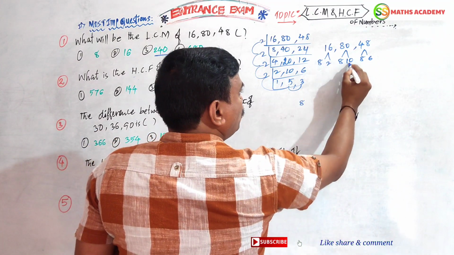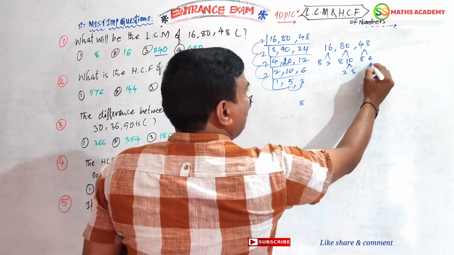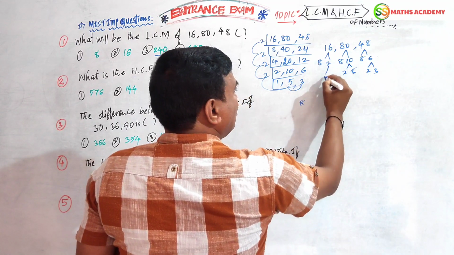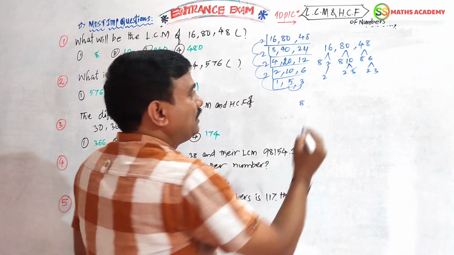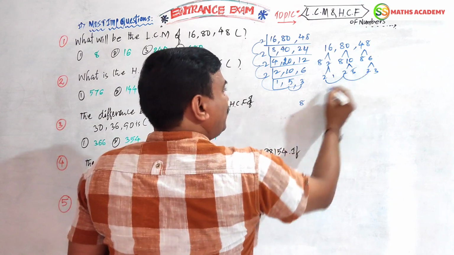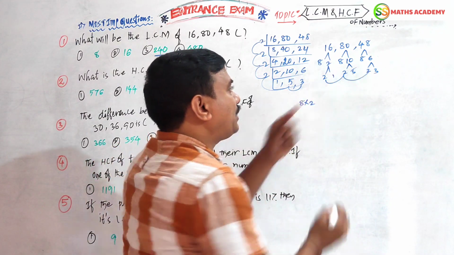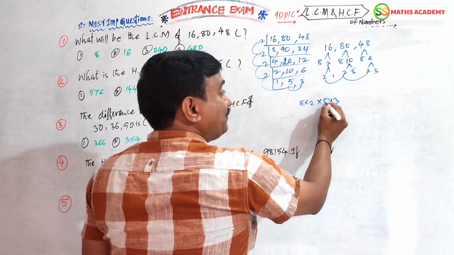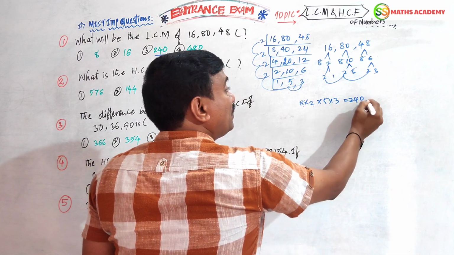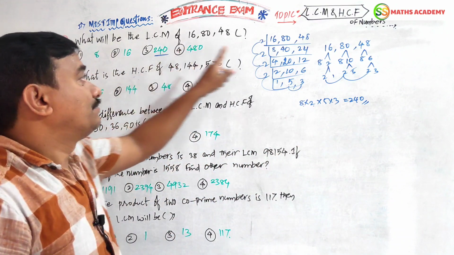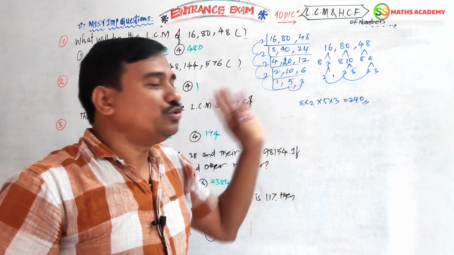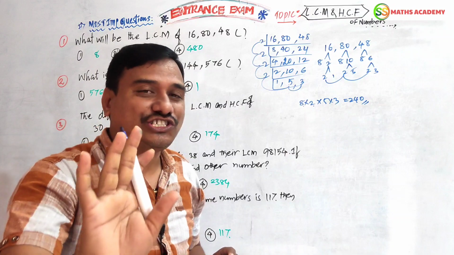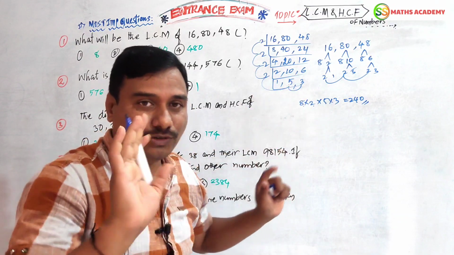Next, the remaining numbers: 2, 5, 6. Here 2 twos are 4 and 2 fives are 10, 2 threes are 6, so 2 is common, and 1, 5, 3 are prime. Multiply: 8 twos are 16, 16 into 15 is 240. In these two techniques you can use any technique, it is your choice.